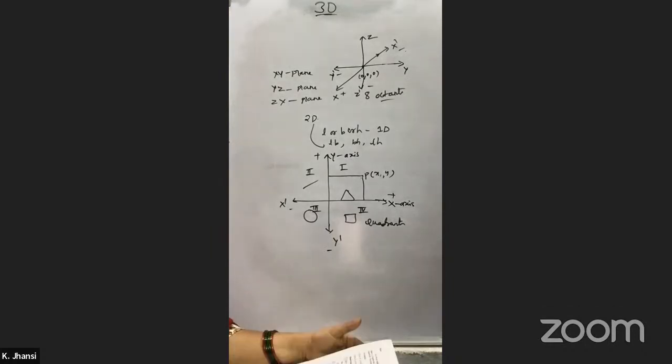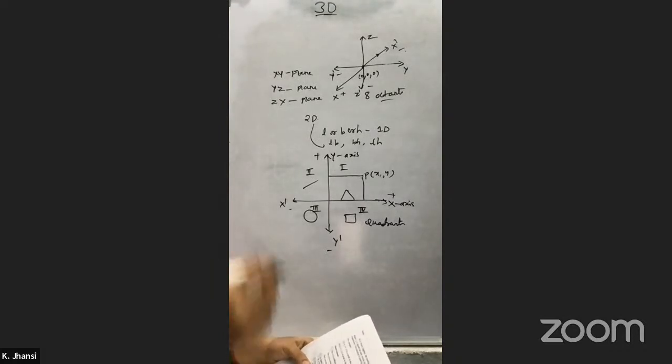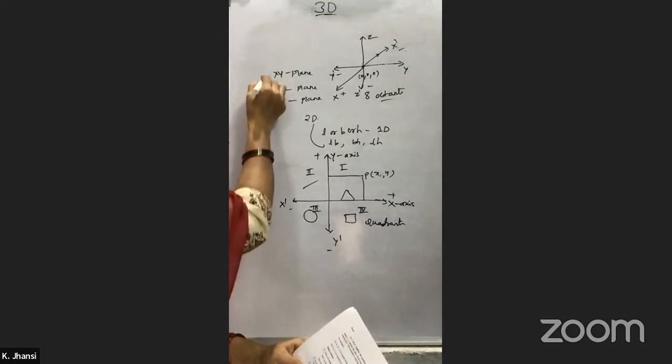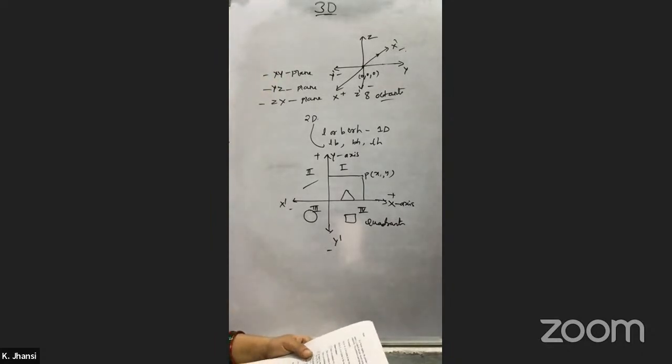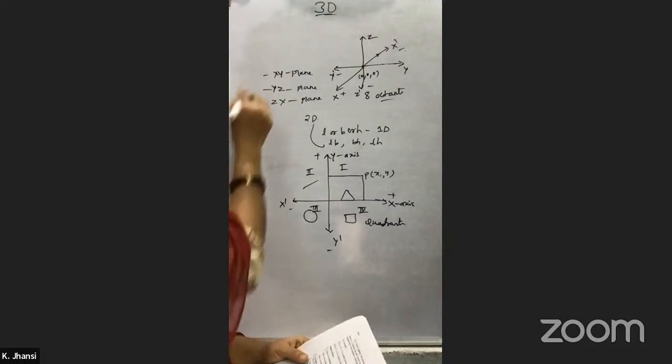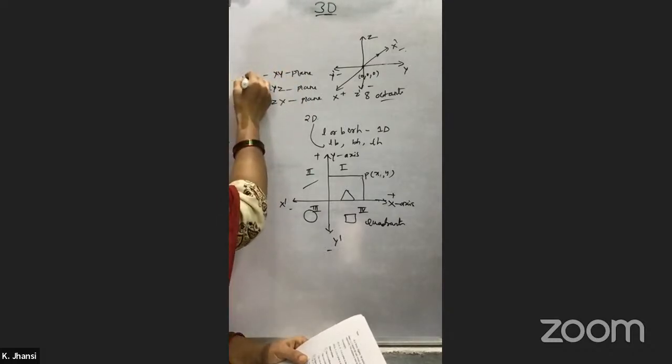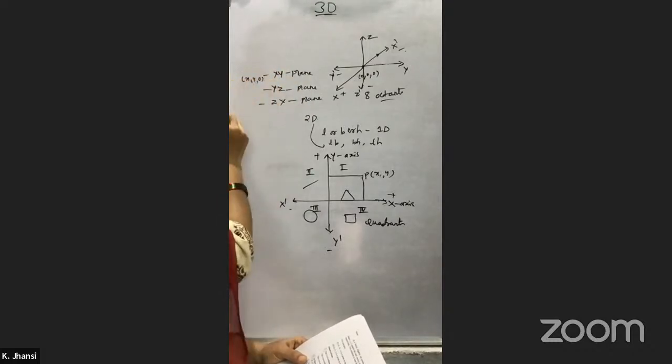Okay. So now if you go to page number 6, you have observations there. The x coordinate of every point on the YZ plane is 0. So you will have the coordinates as for the XY plane: XY means Z equals 0. Origin means X equals Y equals Z equals 0.